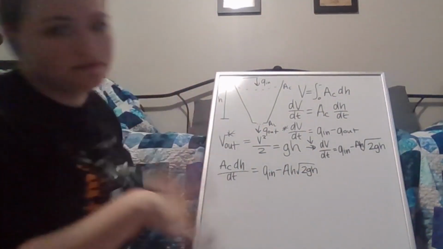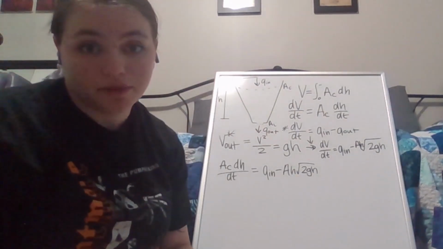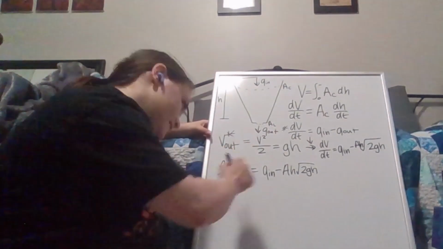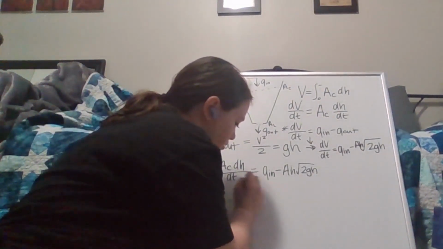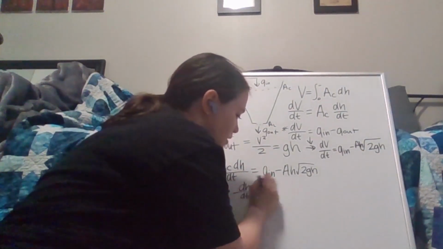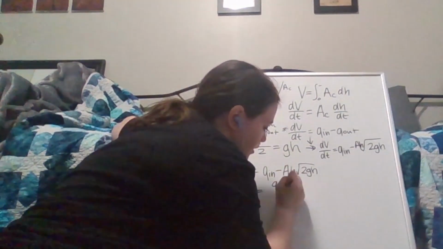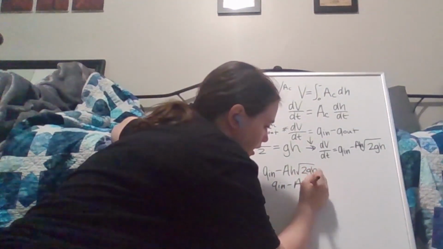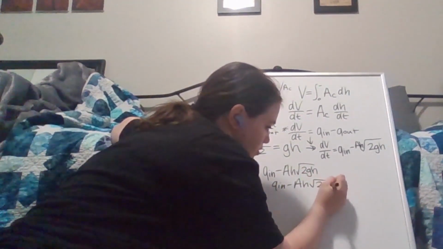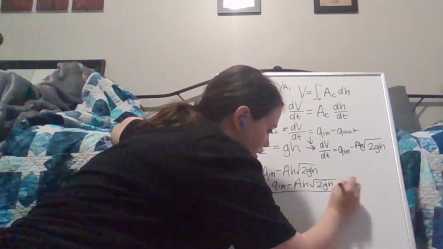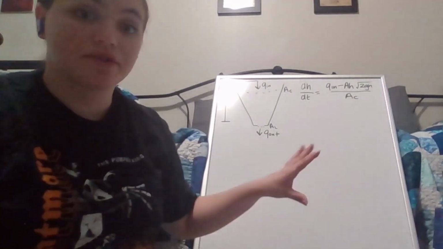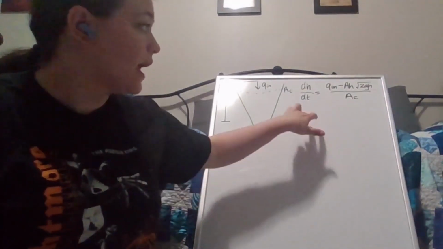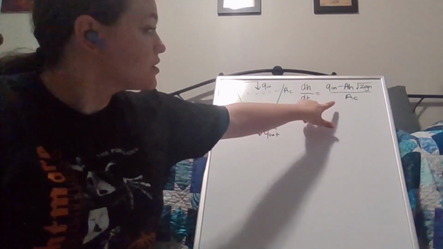Then we can manipulate this to give us just dH over dt, so dH over dt is equal to Qin minus AH square root 2gH, all over AC. I just erased what we had before and moved this up. So this is our final equation.